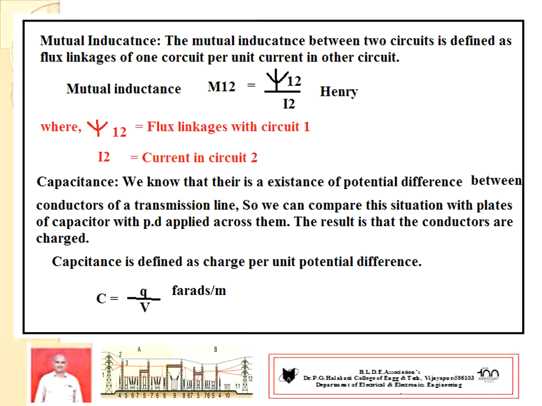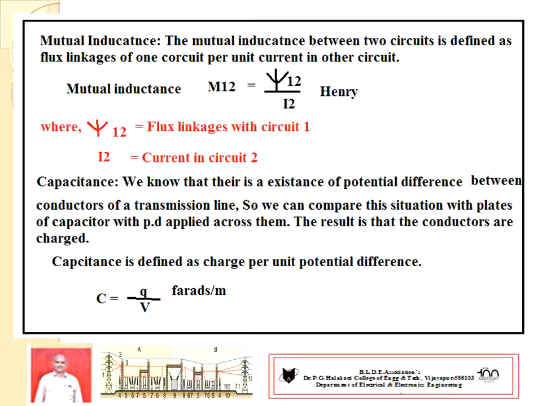One more important factor we are going to use is capacitance. We know that there is a potential difference between the two conductors of a transmission line. Hence we can compare this situation with parallel plate capacitors with an applied potential difference across the plates.